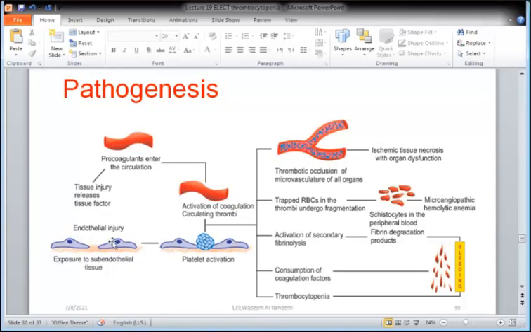So both these factors will activate the coagulation cascade and formation of thrombi, and these thrombi will be situated inside the circulation. So I will have microvascular thrombi within the circulation. These microvascular thrombi will induce excessive consumption of the coagulation factors and excessive consumption of the platelets, so it will result in factor deficiency and thrombocytopenia and subsequently a bleeding tendency.